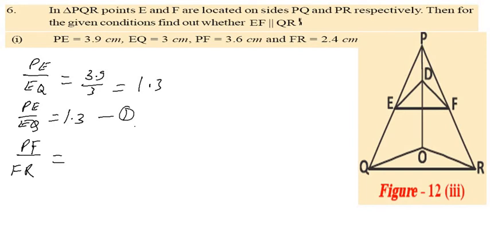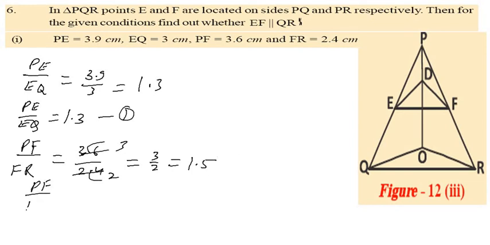So PF is given as 3.6 and FR is 2.4. Now remove the decimal. So 36 upon 24, 12 twos are 24 and 12 threes are 36. So it is 3 by 2. So you have to write 1.5. So here PF upon FR is equal to 1.5. So that one is the equation second and this one is the equation first.